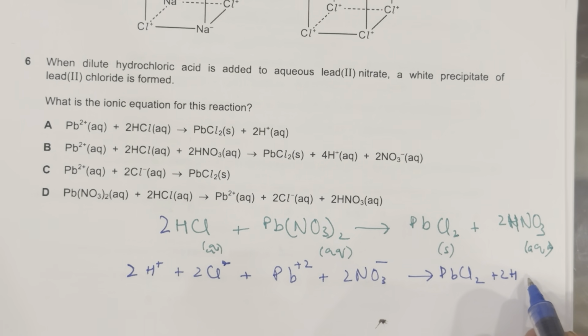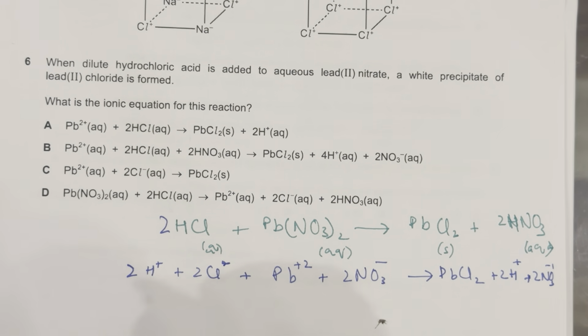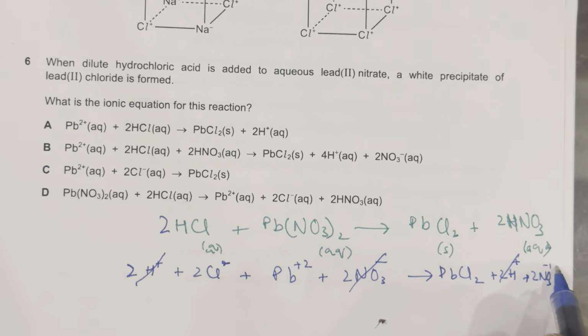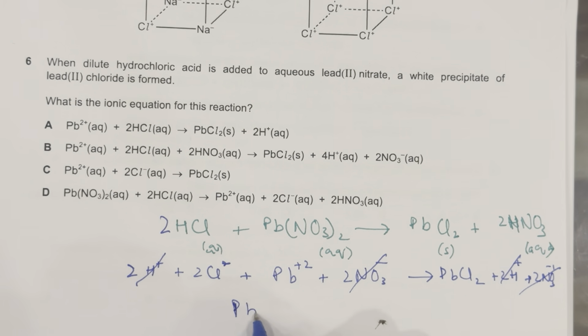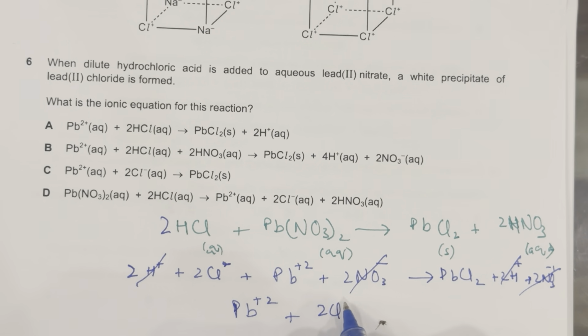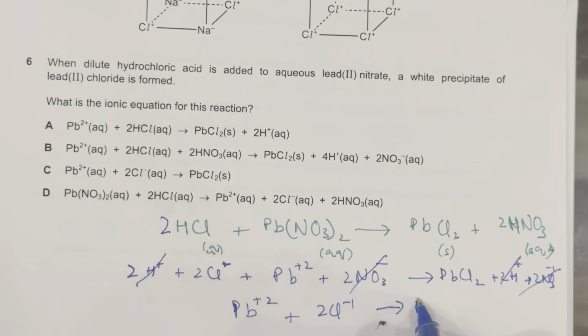Hydrogen ions plus 2 nitrate ions. So hydrogen is going to cancel with this hydrogen, and the nitrate ions also cancel, and the ionic equation would be Pb 2+ plus 2Cl minus would give you PbCl2.